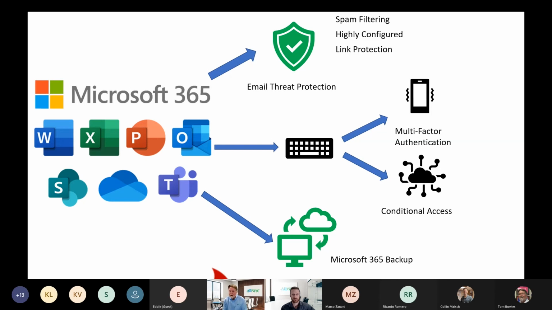Not who, but from where. So let's say you work from home primarily, and you have a static IP address. We can say, okay, this person can only access this application through these IP addresses.